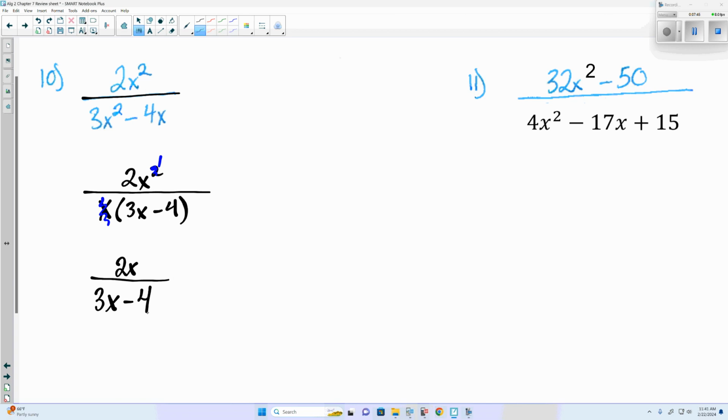And as much as we want to simplify the 2x and 3x or the 2x and 4, we can't because of the minus sign between the 3x and 4. The 3x minus 4 is a single term. And since there's nothing else in common on top and bottom, that is it. Questions on that there? We feel good with that there.